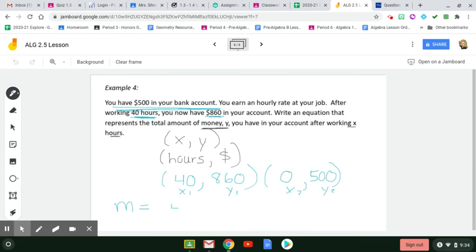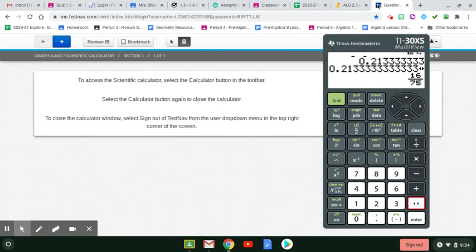Okay, so 500 minus 860 all over 0 minus 40. Let me plug that in my calculator. So here we go. 500 minus 860 all over 0 minus 40. Okay, I'm getting 9 for my answer for slope.